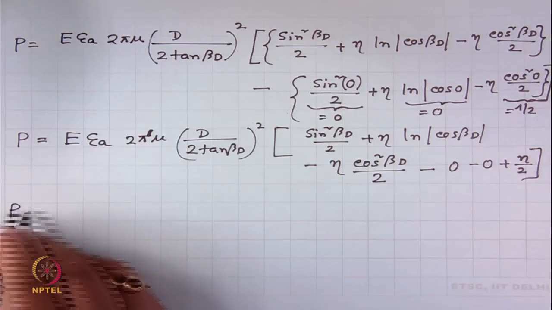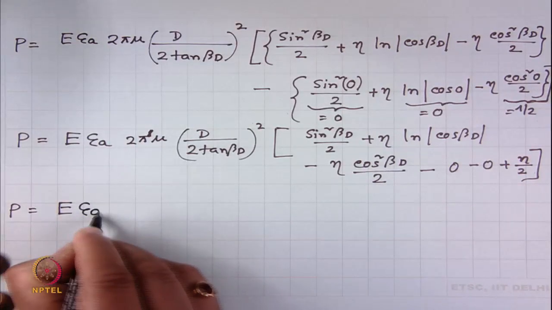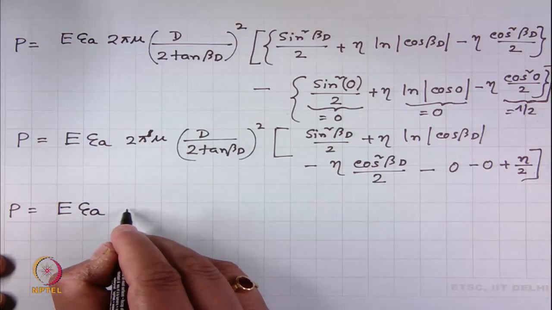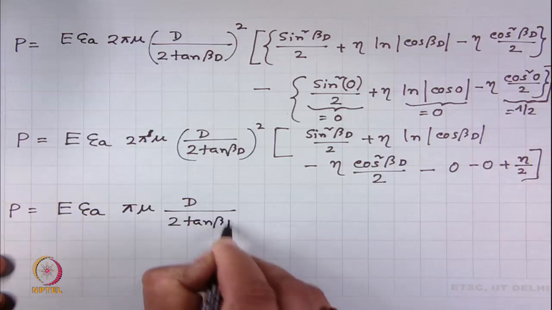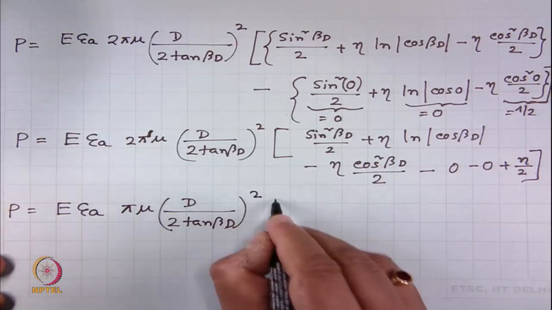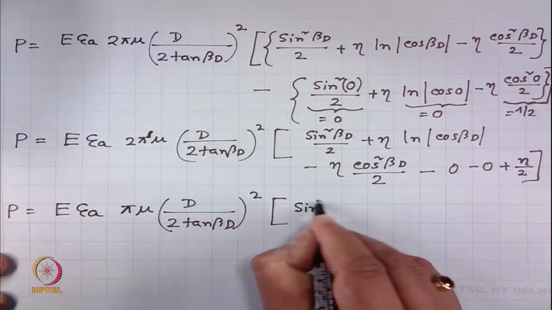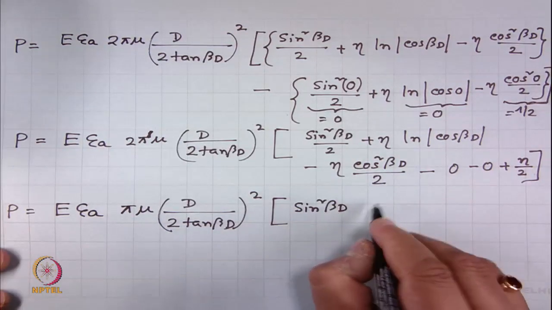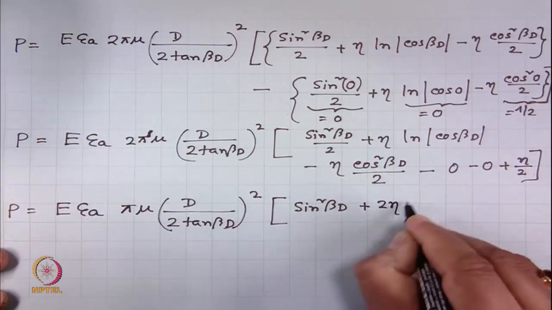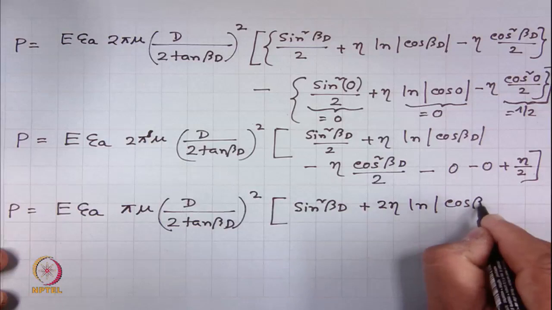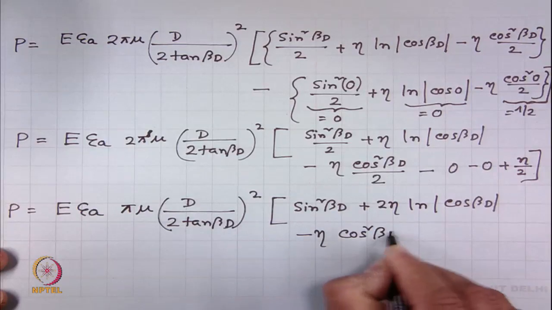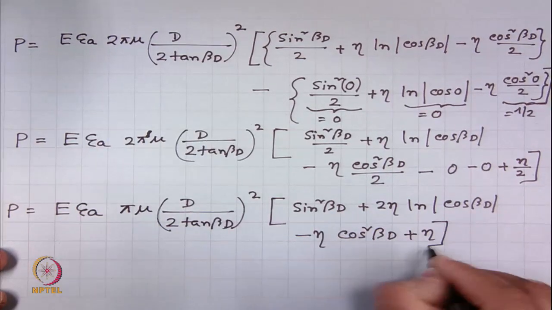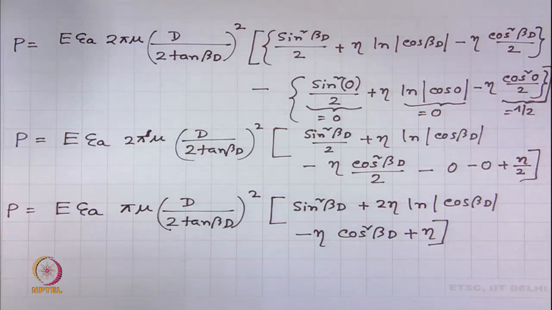So, P equals E epsilon A by pi mu d by tangent beta d squared, sin square beta d plus 2 eta ln cos beta d minus eta cos square beta d plus eta. Okay.